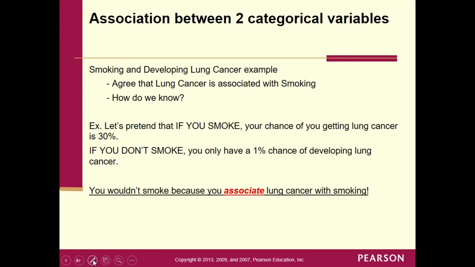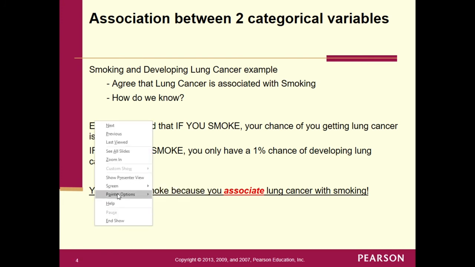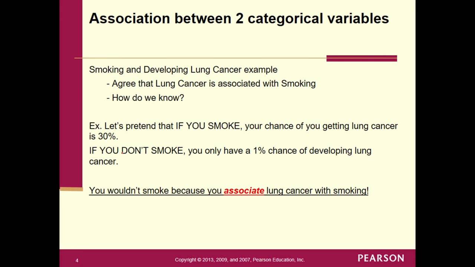Now, how did you make that conclusion? Because there's such a difference between, well, my pen's not popping up. There we go. So you probably made this association and you said, okay, there's such a large chance of getting lung cancer if you smoke, but a very small one if you don't smoke. By the way, these are made up numbers.